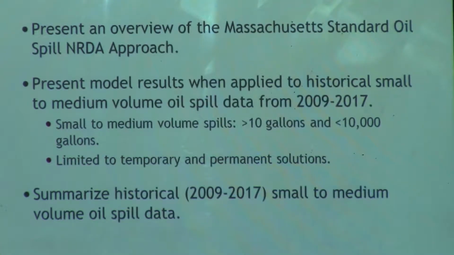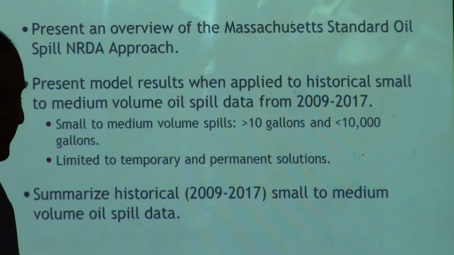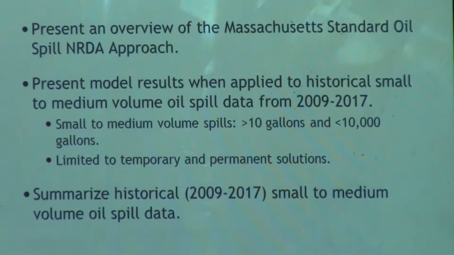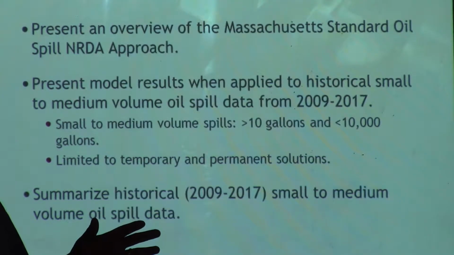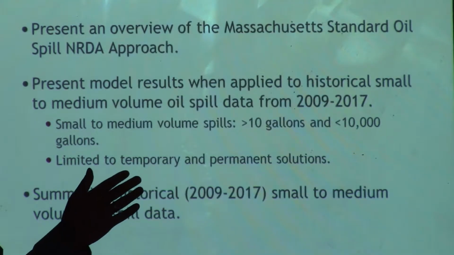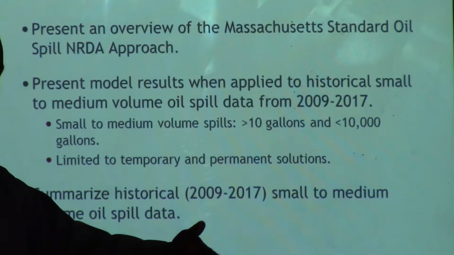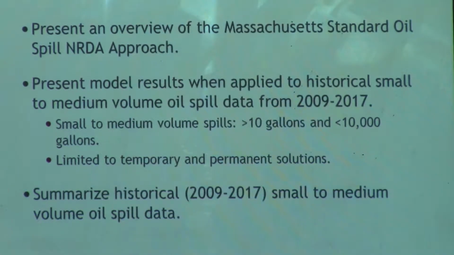They're greater than 10 gallons and less than 10,000 gallons, and it's limited to spills with a temporary or permanent solution. This is also just a good opportunity to note that if anyone did try to go to the Bureau of Waste Site lookup site and take all the spills from that time period, you won't get the same number of 517 because you would have had to do that on 12/31. Because between 1/1 and today, more spills have reached the permanent solution or temporary solution there.